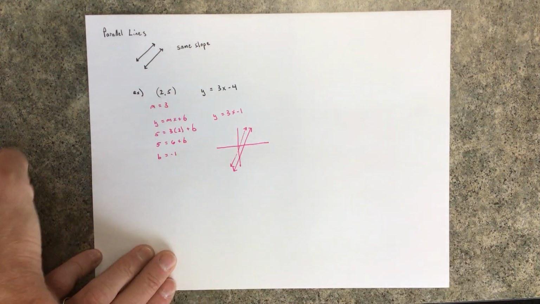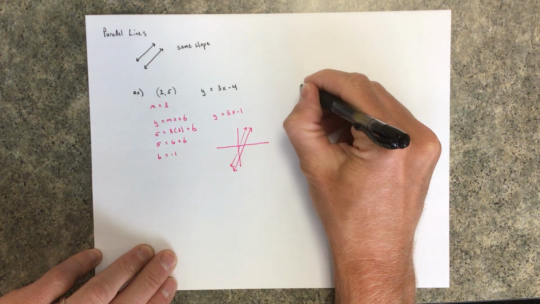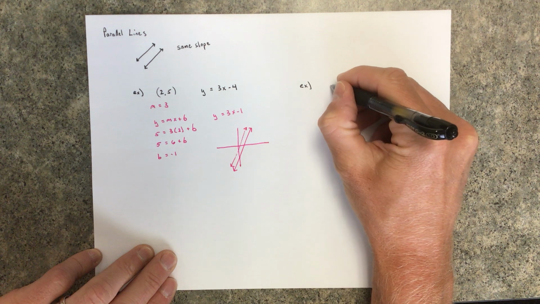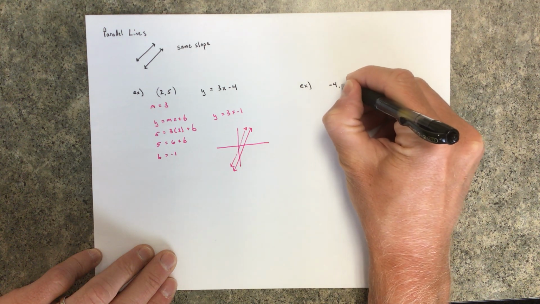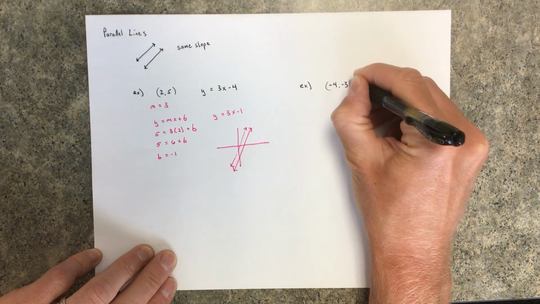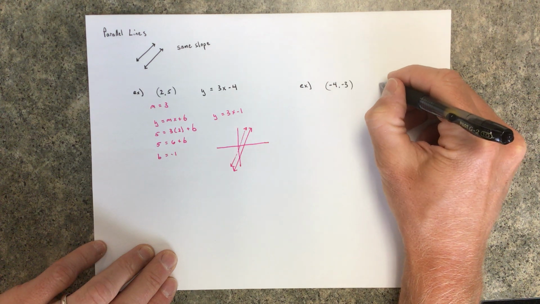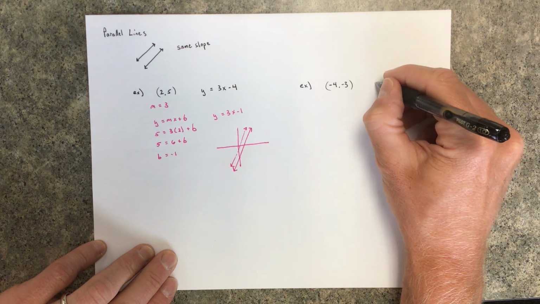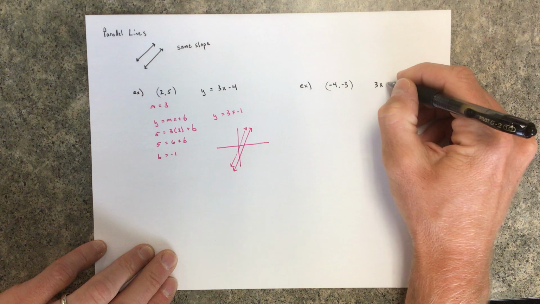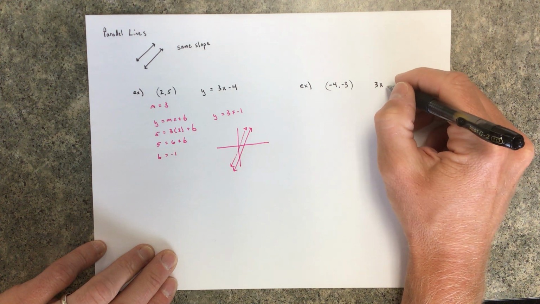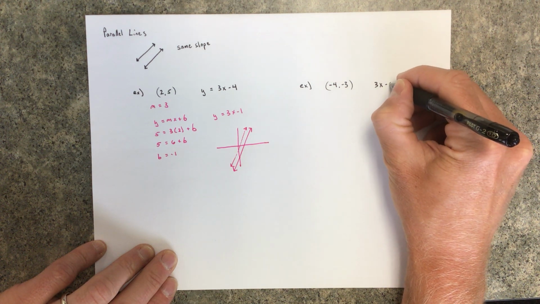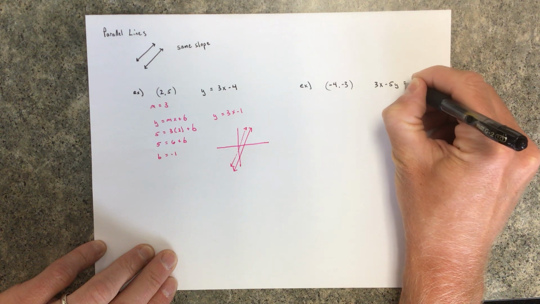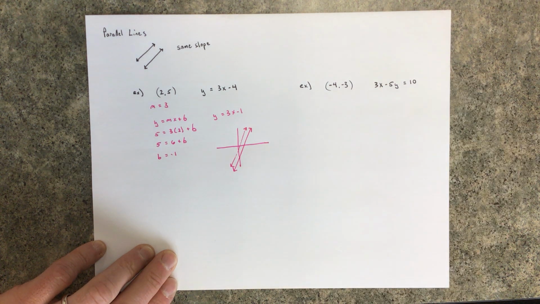Okay, what about if I want to go through the point (-4, -3), and I want to be parallel to, let's say, 3x - 5y = 10 or something.